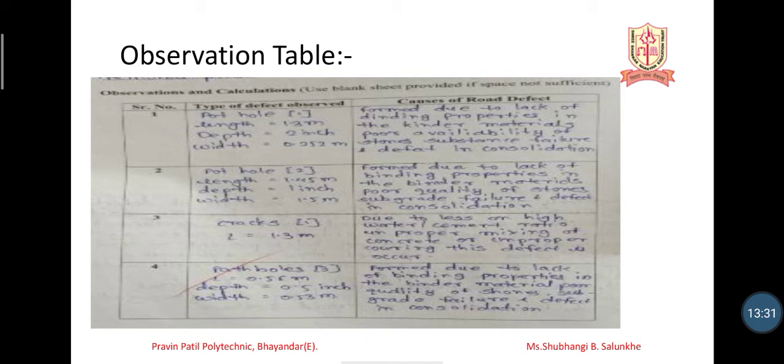And in the second row, we have written the causes of formation of the pothole, obviously why the pothole has formed, and why the crack has formed. You can read it out, and this is the cause of the road defects.